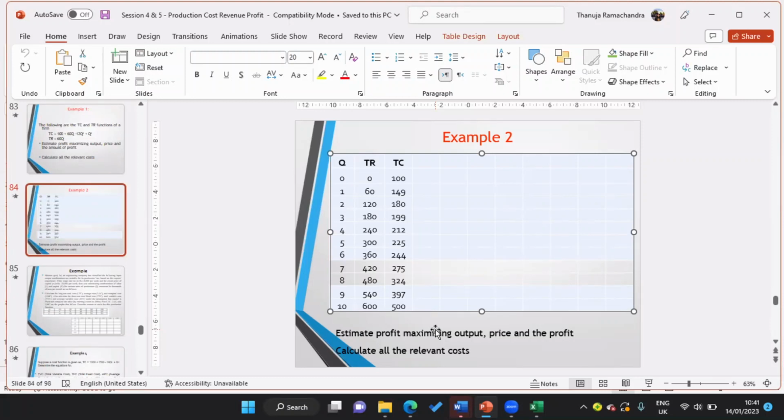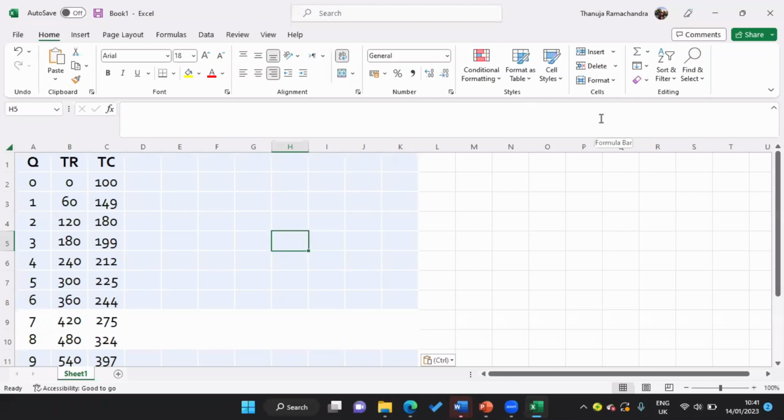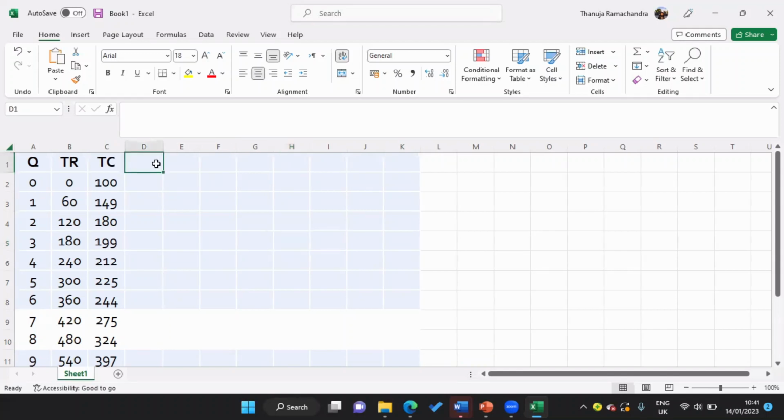Otherwise, we know the maximum profit comes at the condition where MR is equal to MC, right? So basically, we'll calculate the MR and MC and see that when MR equals MC is the maximum profit, without calculating the profit. Okay, so I'll go for the MR.